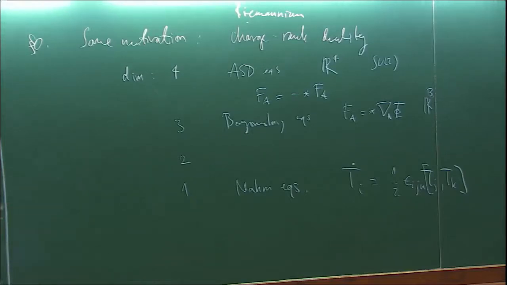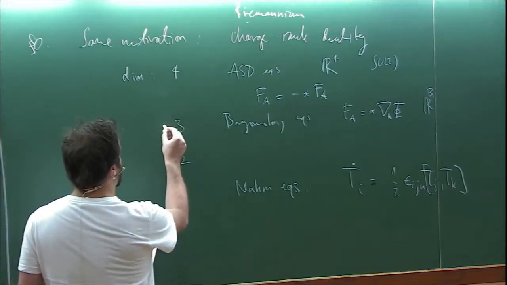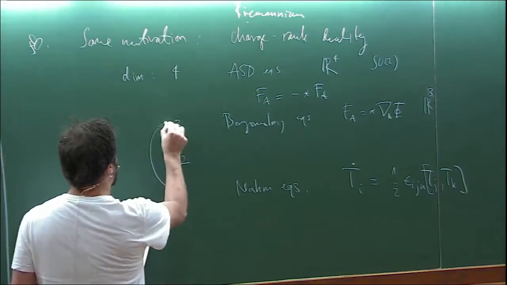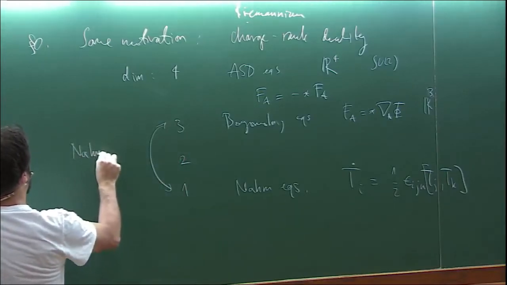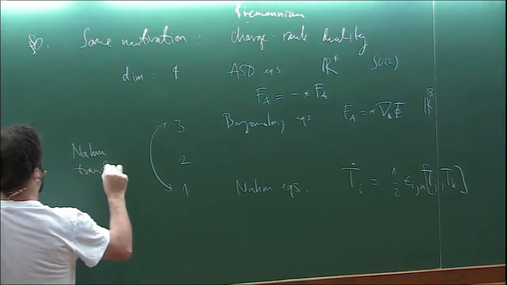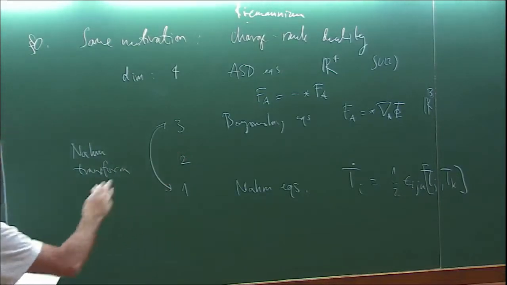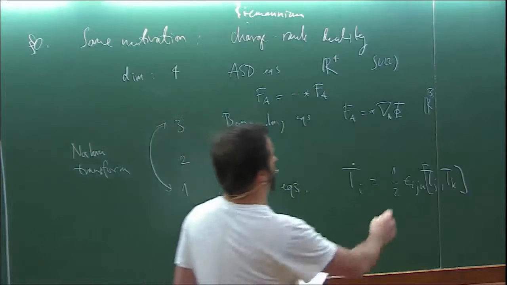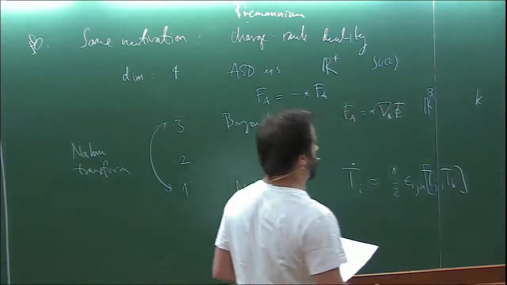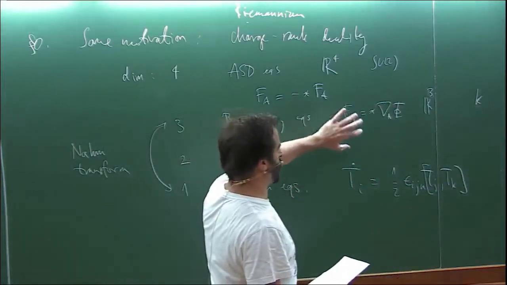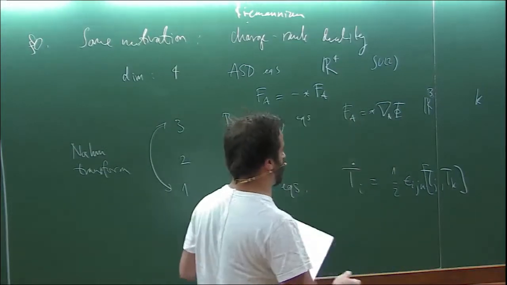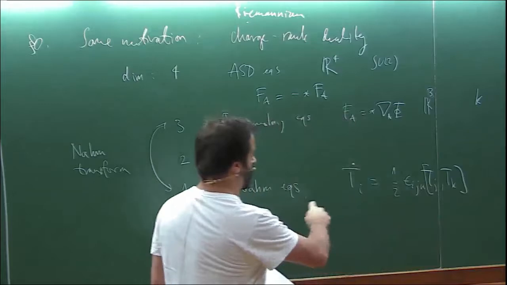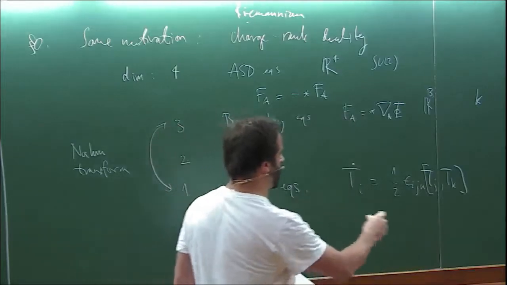There is this thing called the Nahm transform that relates these 2 systems of equations, and it swaps the charge of the monopole. There's a topological charge associated to this situation, which is going to be the rank of the matrices that appear in this ODE.